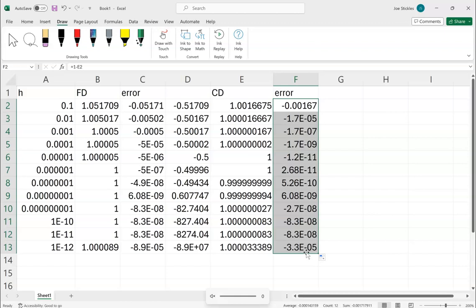This is just this divided by the h. This divided by a1. This is just C2 divided by A1.